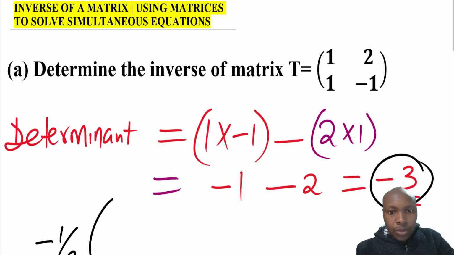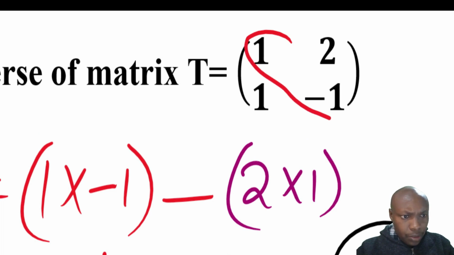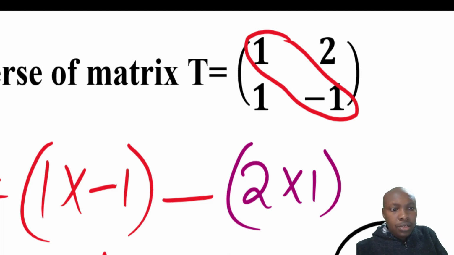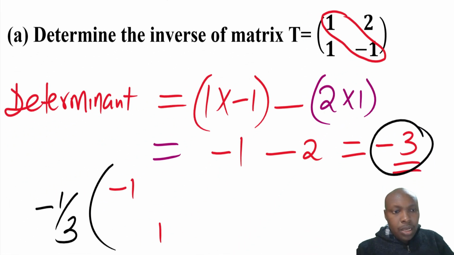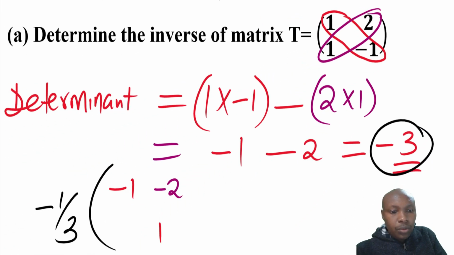When you're getting the inverse, the values on this diagonal, 1 and -1, are interchanged. So -1 will be here and 1 will be here. Then for the other diagonal, which is 2 and 1, the signs change, and therefore we'll have -2 and -1. That is how you interchange.